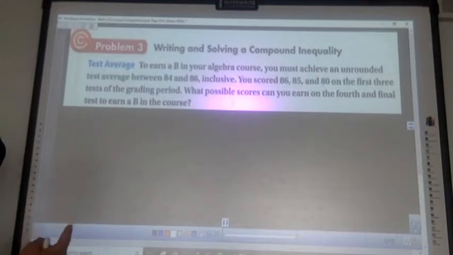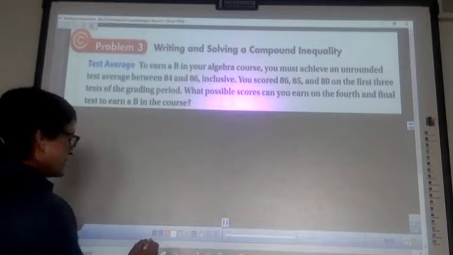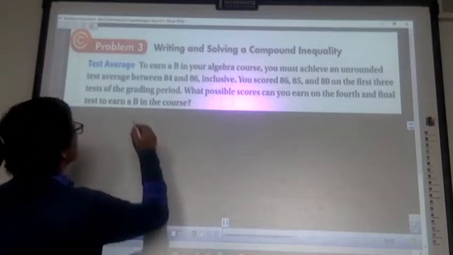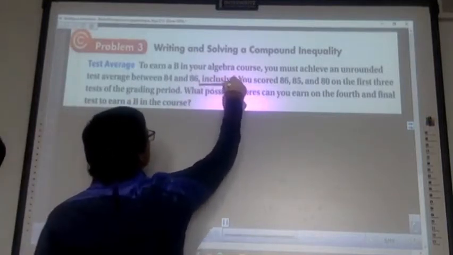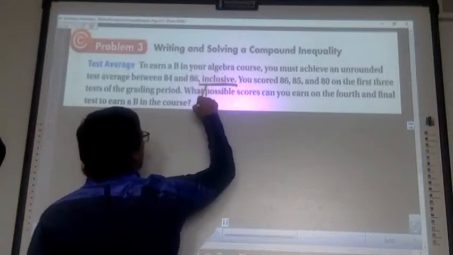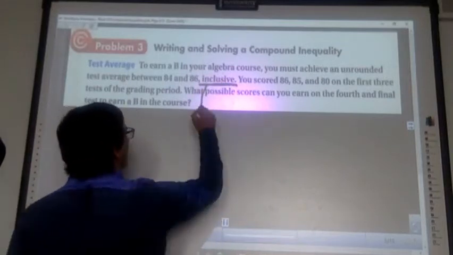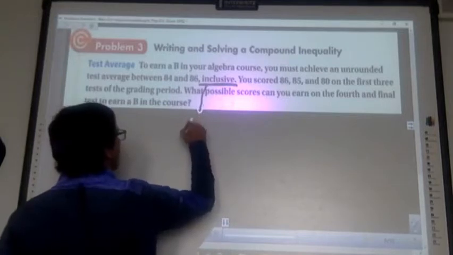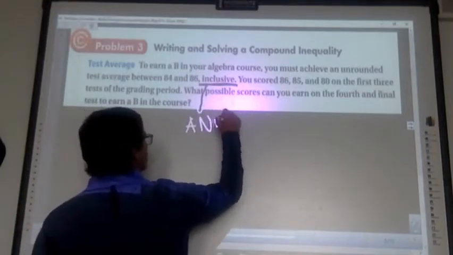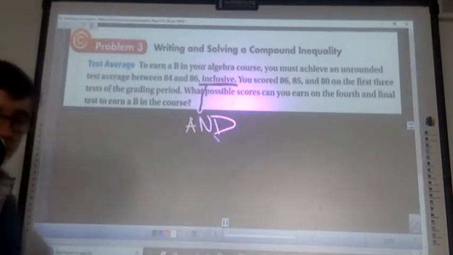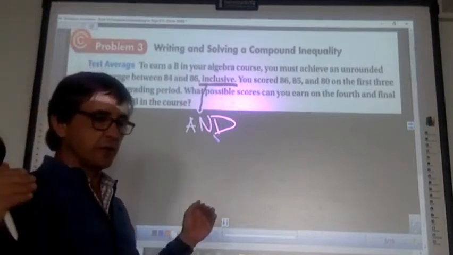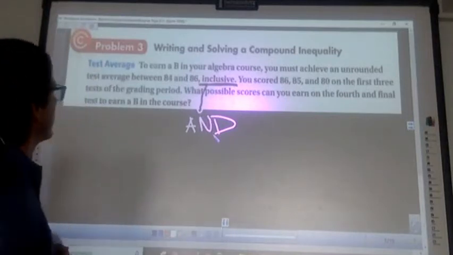So that's in between 84 and 86. So when it says between 84 and 86 inclusive, that word inclusive means and inequality. They love to use that word inclusive, and you always write it as an and inequality.